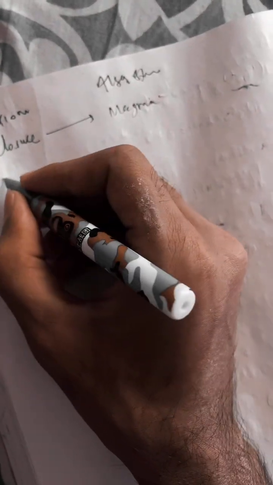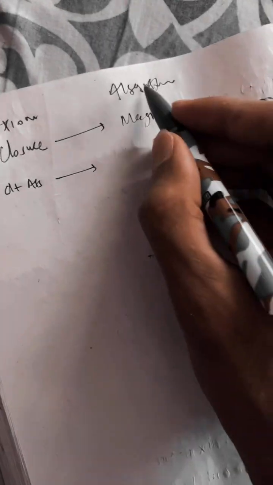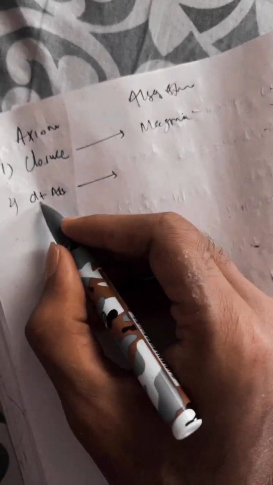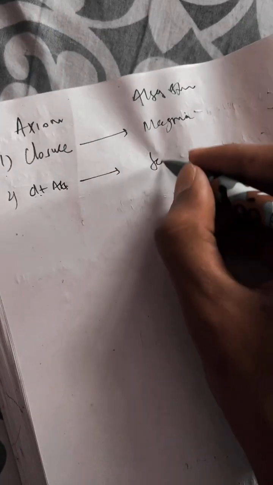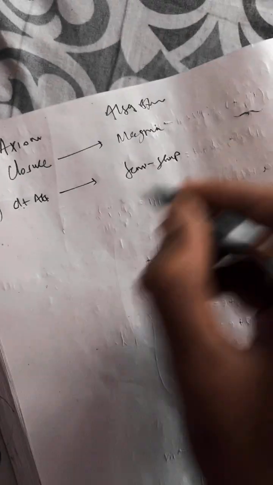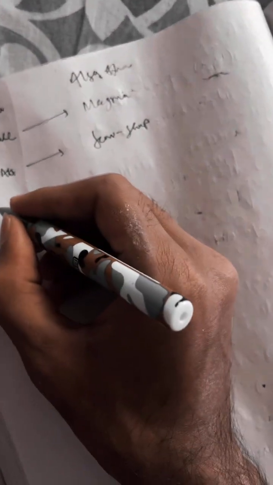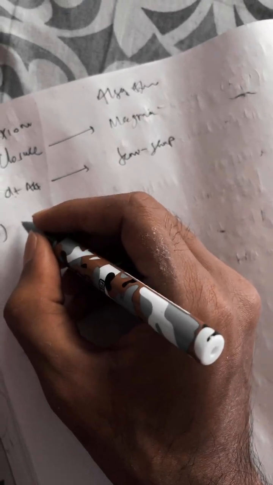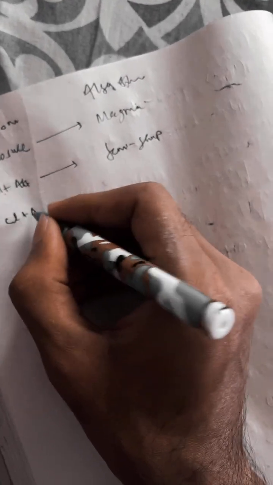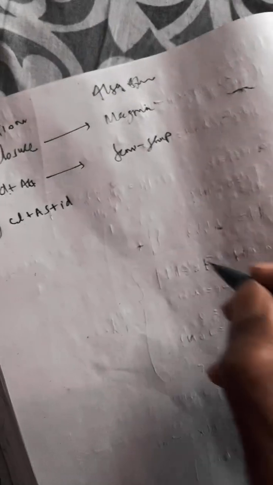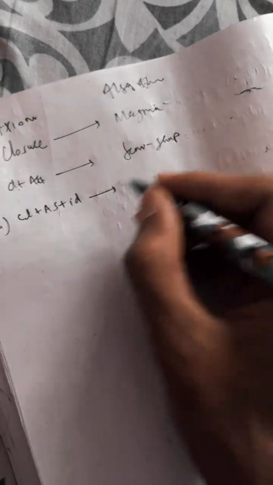Now second, closure plus associativity. If an algebraic structure satisfies both these properties, closure and associativity, it's called a semigroup. Now third, if an algebraic structure satisfies closure, associativity and the identity property, all three together, it's called a monoid.